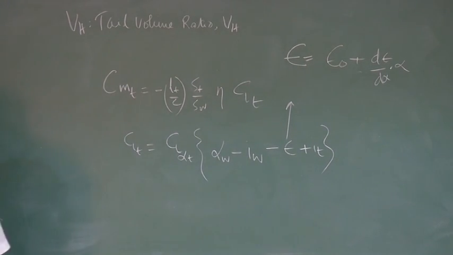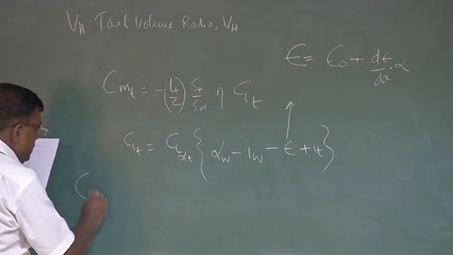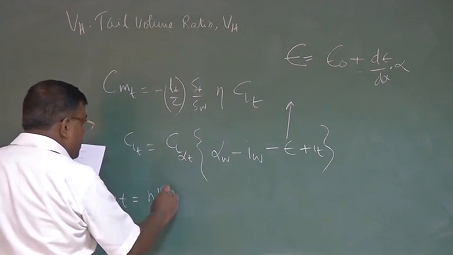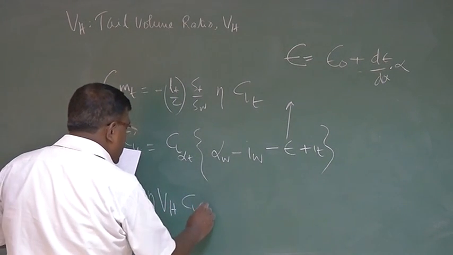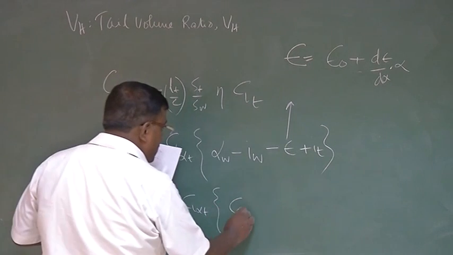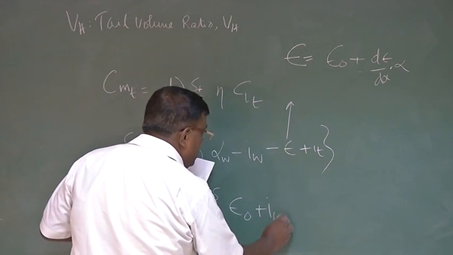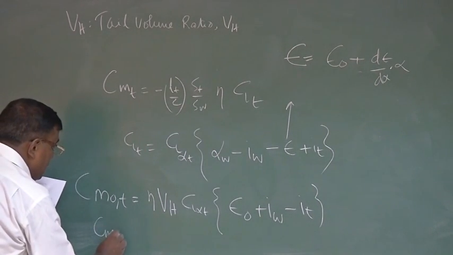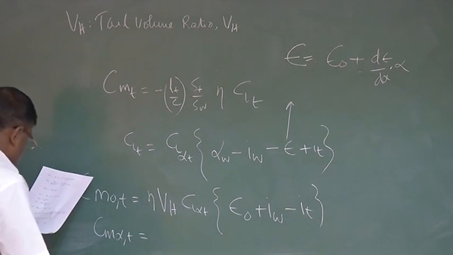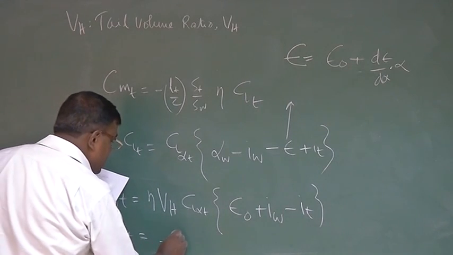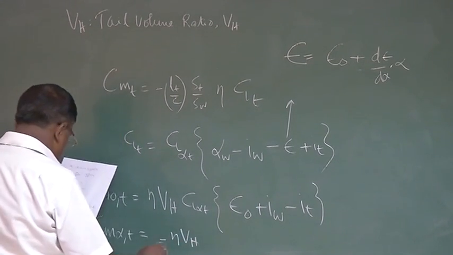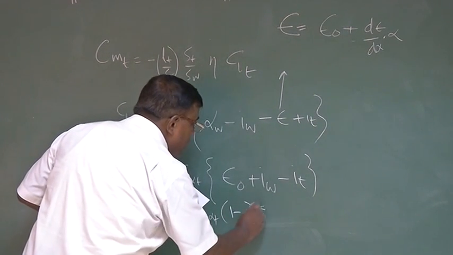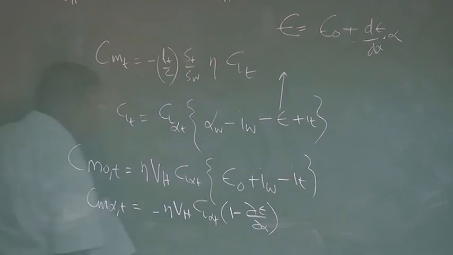Then I can show that CM naught of tail will be equal to eta VH CL alpha tail into epsilon naught plus IW minus IT, and CM alpha tail is minus eta VH CL alpha tail into 1 minus d epsilon by d alpha. Okay?